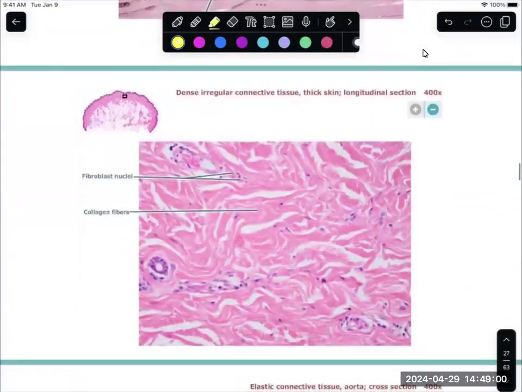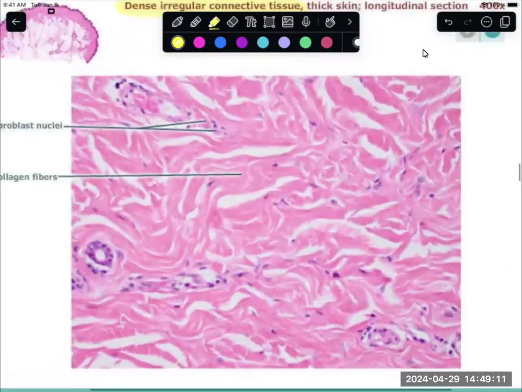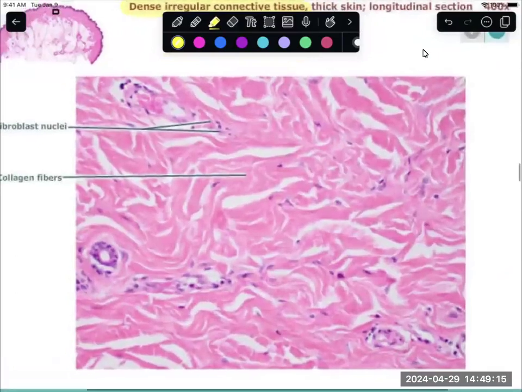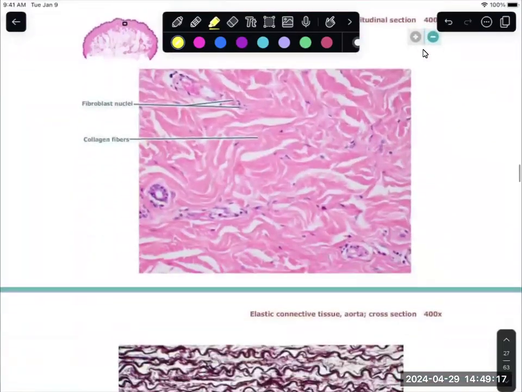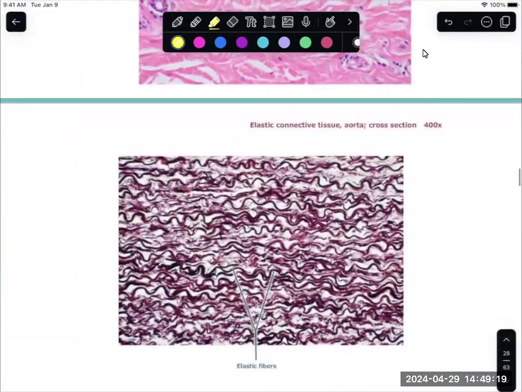Here is that dense, irregular connective tissue. Again, we have those collagen fibers, but this time these collagen fibers are going in lots of different directions. Here's another example of elastic connective tissue.